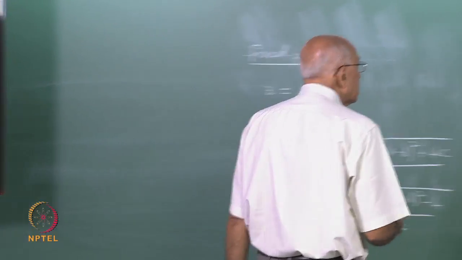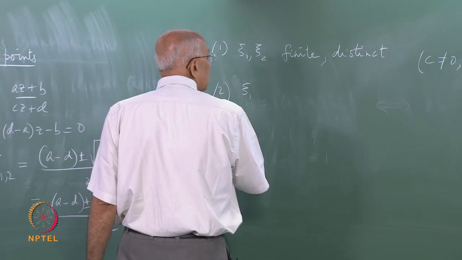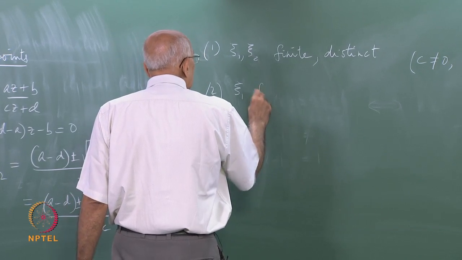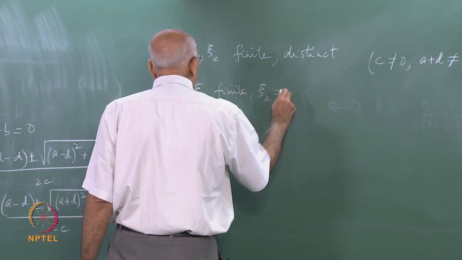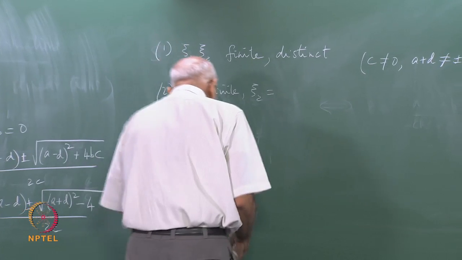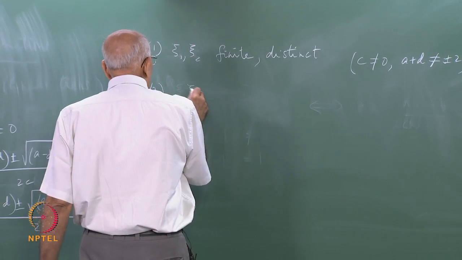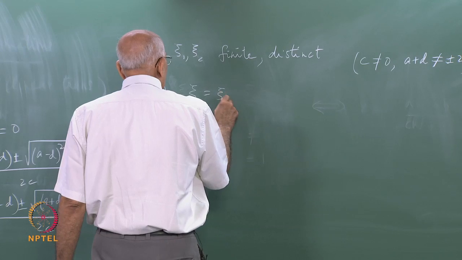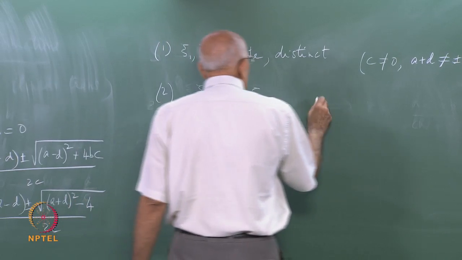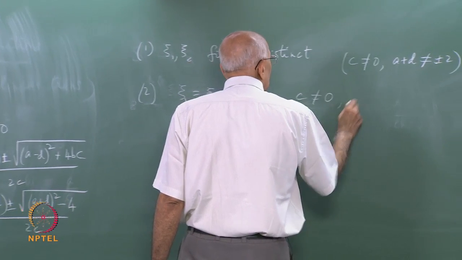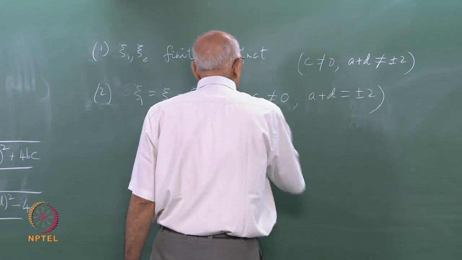Now the second case corresponds to xi1 finite, xi2 equal to, well, let us look at the second case, which would be when they are coincident. So let us say xi1 equal to xi2 equal to xi, which happens when C is not equal to 0 and A plus D equal to plus or minus 2.